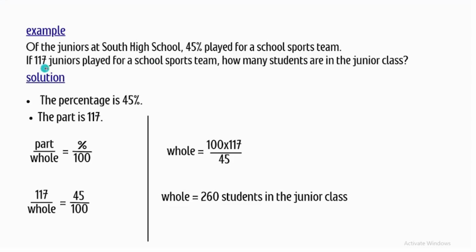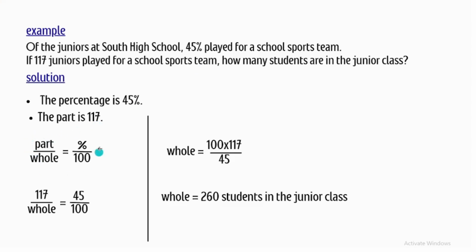He wants to know the whole number of the class. So the percent is 45%, the part is 117. Why is this the part? Because these are the students who are playing sports. This is not all the number of students.